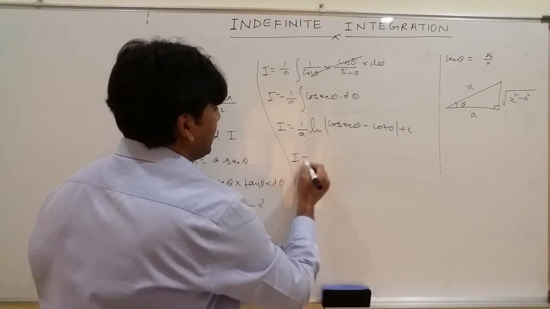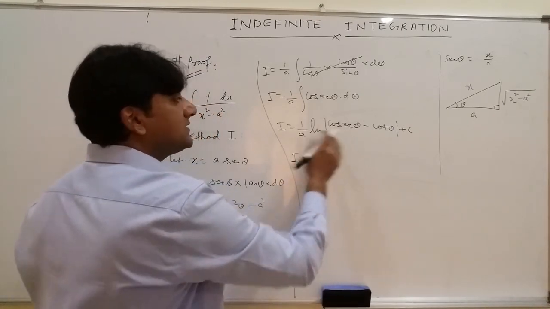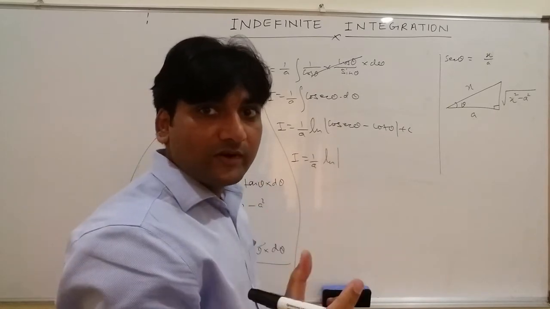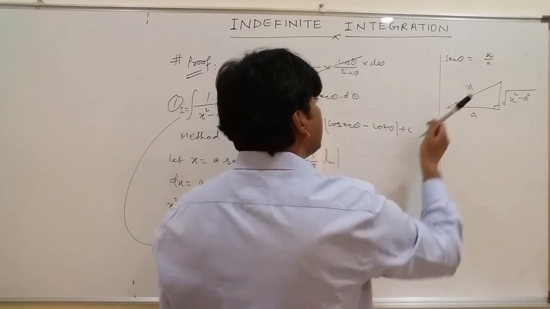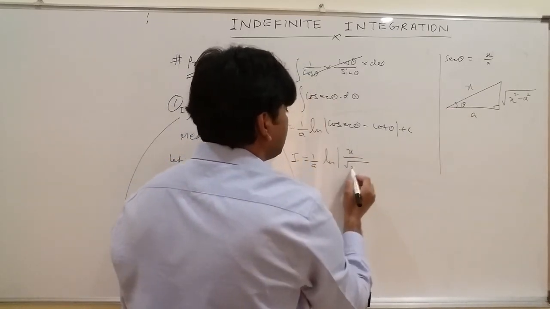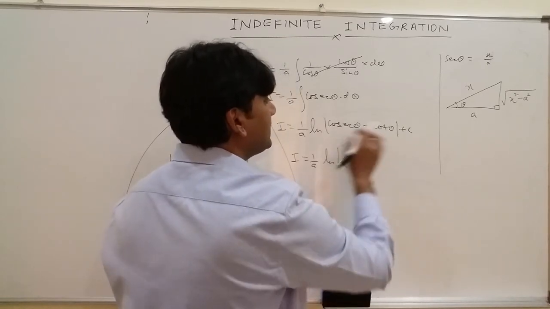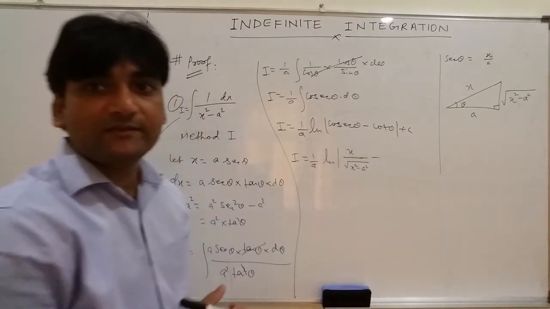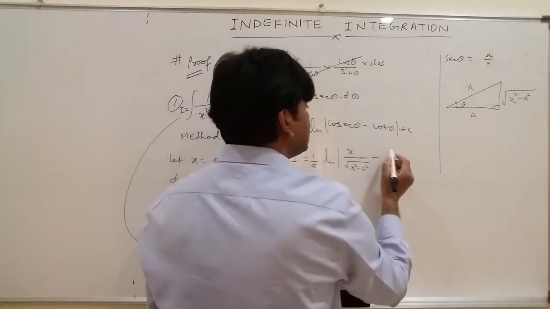So then I equals 1 over a ln cosec theta. Cosec theta is hypotenuse over perpendicular. So this is my hypotenuse x over root x square minus a square minus cot theta. Cot theta is again base over perpendicular. What is base? Base is this.